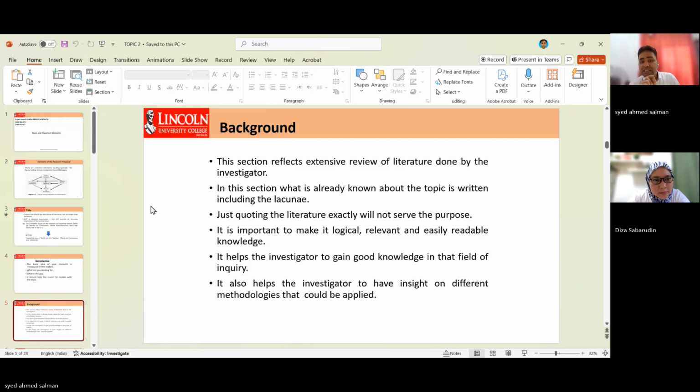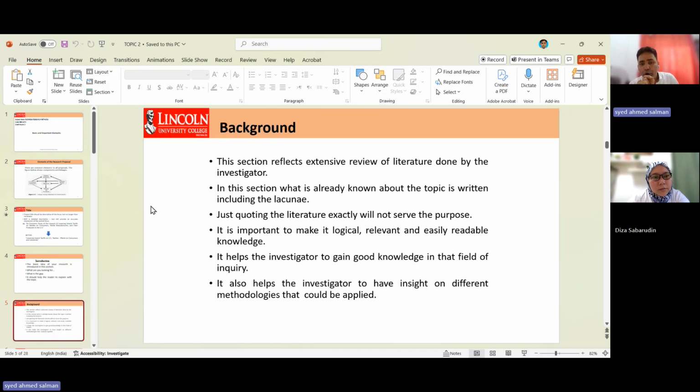Yes. Just quoting the literature exactly will not serve the purpose. If you are just writing paragraphs and paragraphs without understanding, without linking the paragraphs, without conveying your message, it is not going to help the reader. You are not going to serve the purpose of the research.